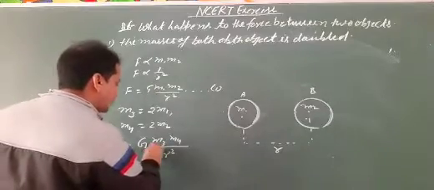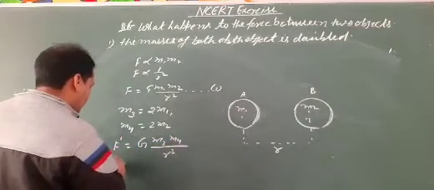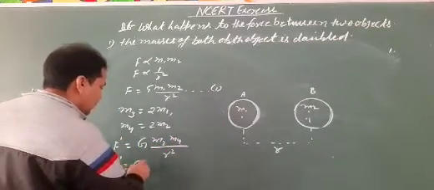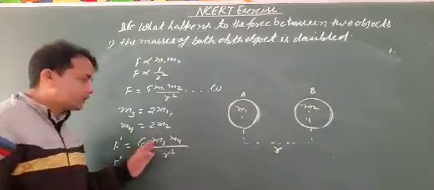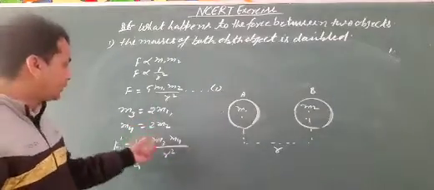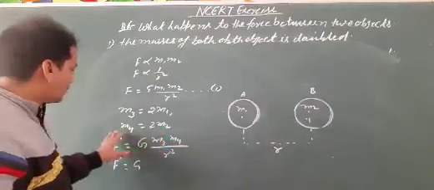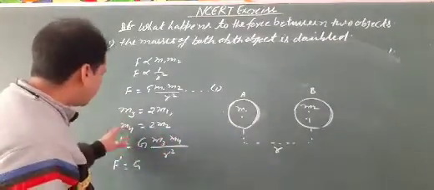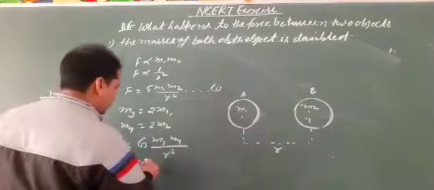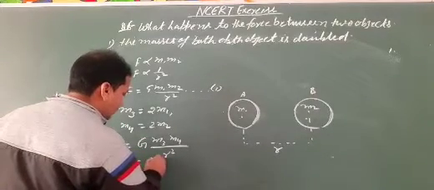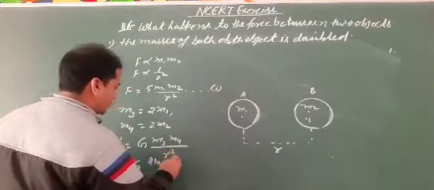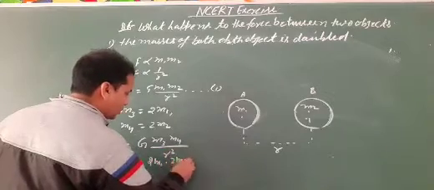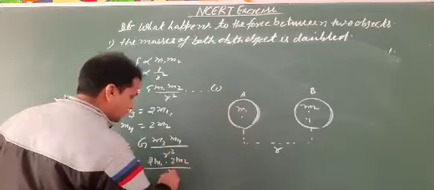R is the same. So F dash equals G, and in the place of m3 we can write 2m1, and in the place of m4 we can write 2m2. So put the value of m3 and m4 here, then 2m1 into 2m2 by r square.